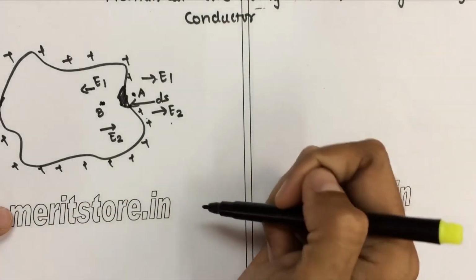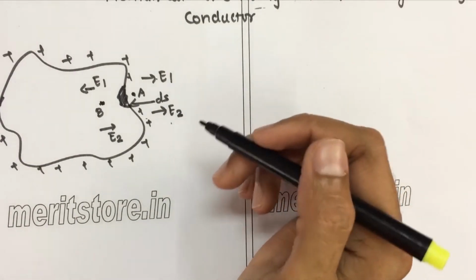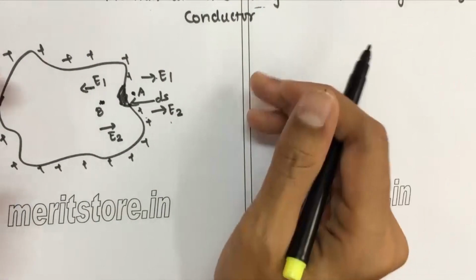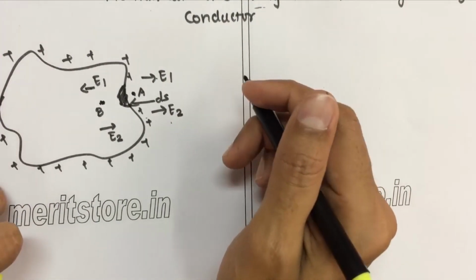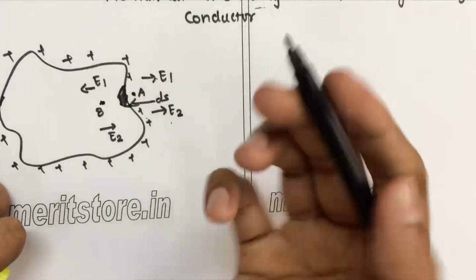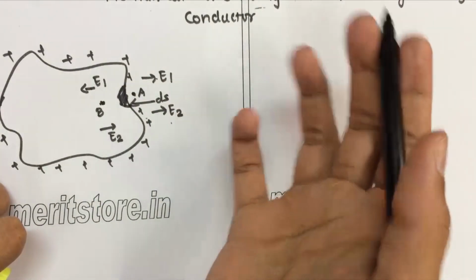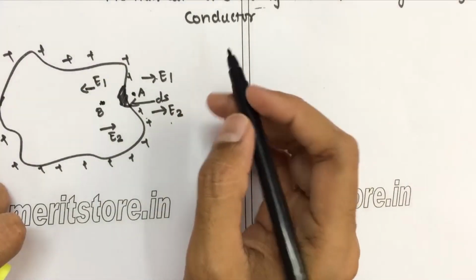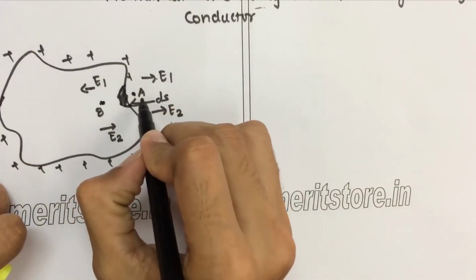Now we consider a positively charged conductor kept in a medium of permittivity epsilon naught. It has a surface area dS on that particular conductor, and the charge density of that area is sigma. Now what is the electric field intensity at point A?